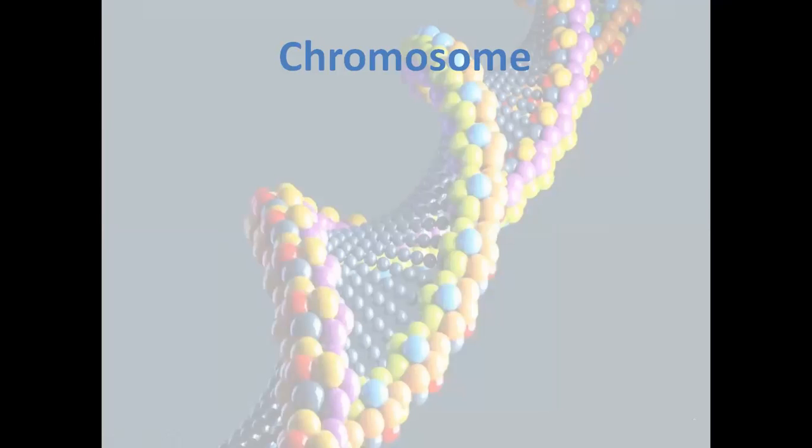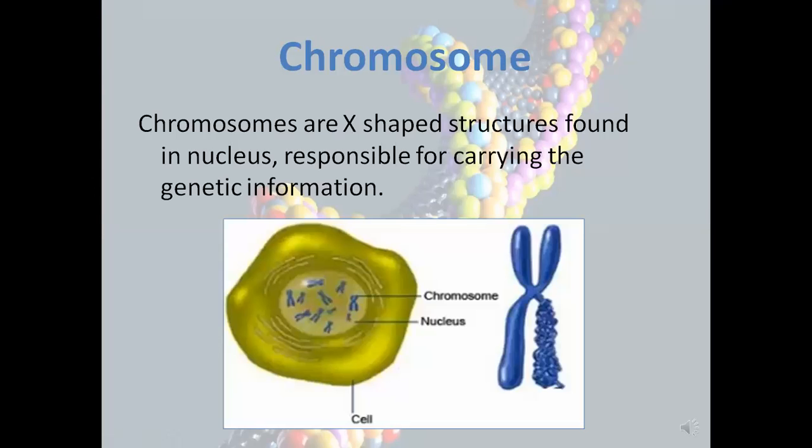To be more specific, the genetic information is carried by the chromosomes. These chromosomes are X-shaped. They look like the letter X.